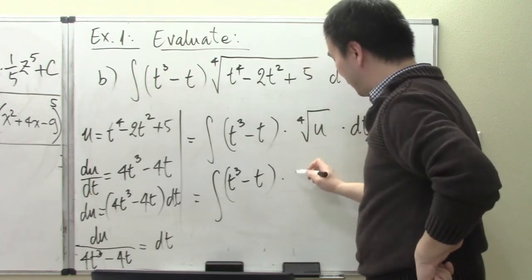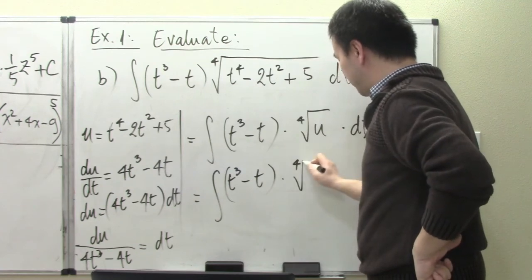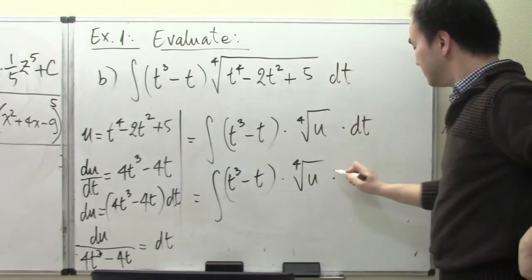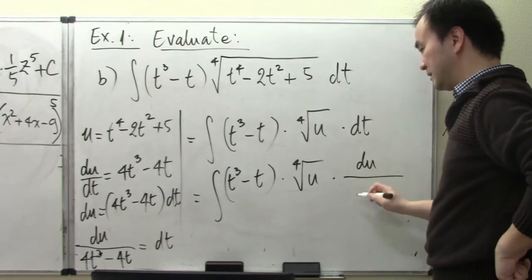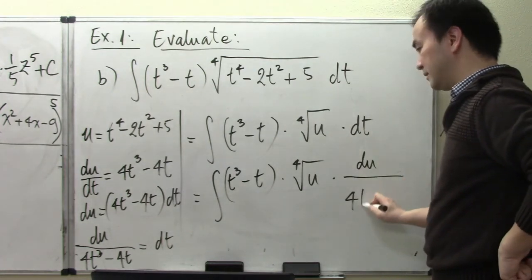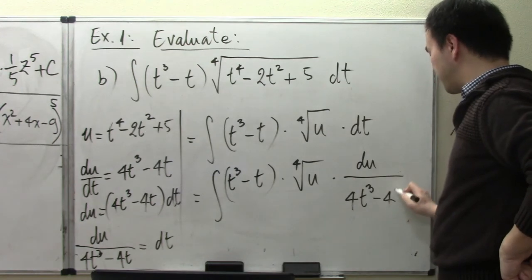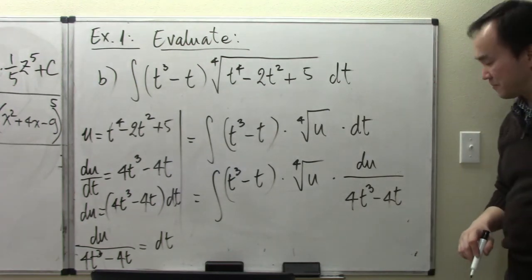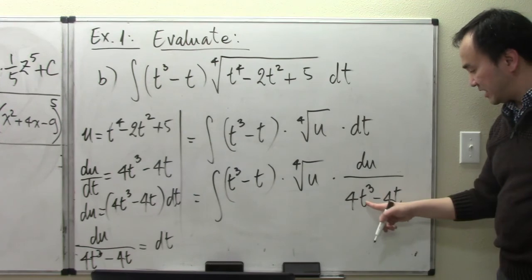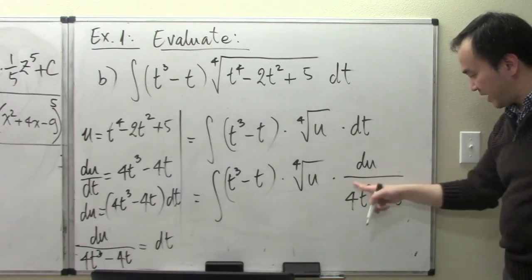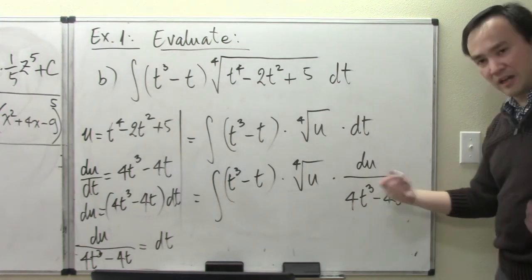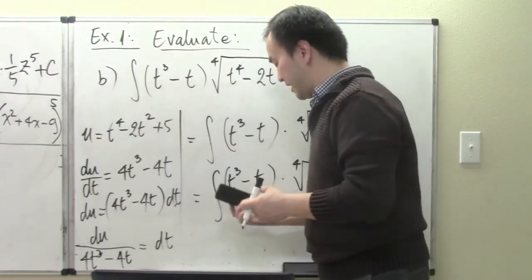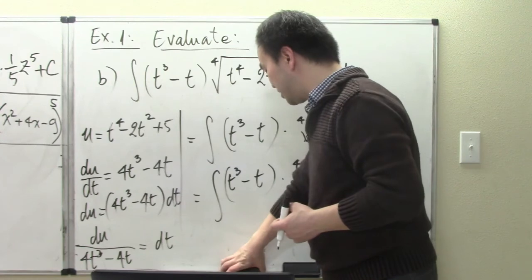Now multiply with the fourth root of u. This dt now is the same as du over 4t cubed minus 4t. And that's what I'm doing. Okay, and now I can see that this denominator here, 4t cubed minus 4t, has a common factor of 4. So that can become some good plus for us here. So I am now going to get on my other board.